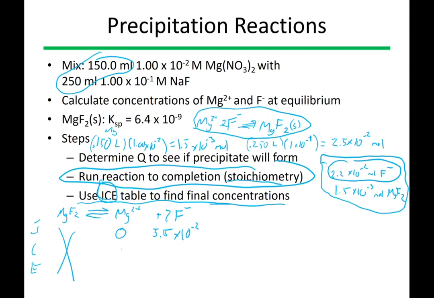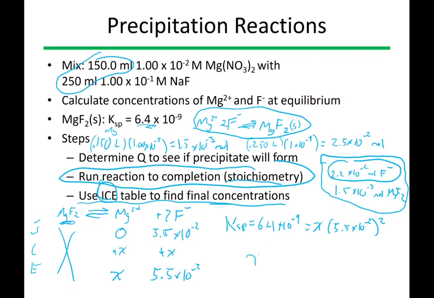Since there is a 0 on this side, we know we're going to make a little bit. But since we just formed this precipitate and we know this K value is small, we know that X is going to be small. So at equilibrium, we can use the small x approximation and get that we'll have X of magnesium and 5.5 times 10 to the negative 2 of the fluoride. The last thing is to set this equal to the Ksp, and that's X times 5.5 times 10 to the negative 2 squared.